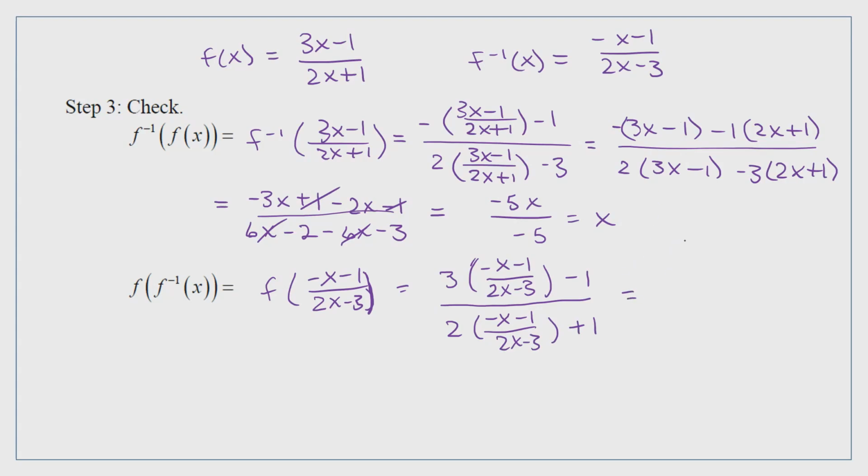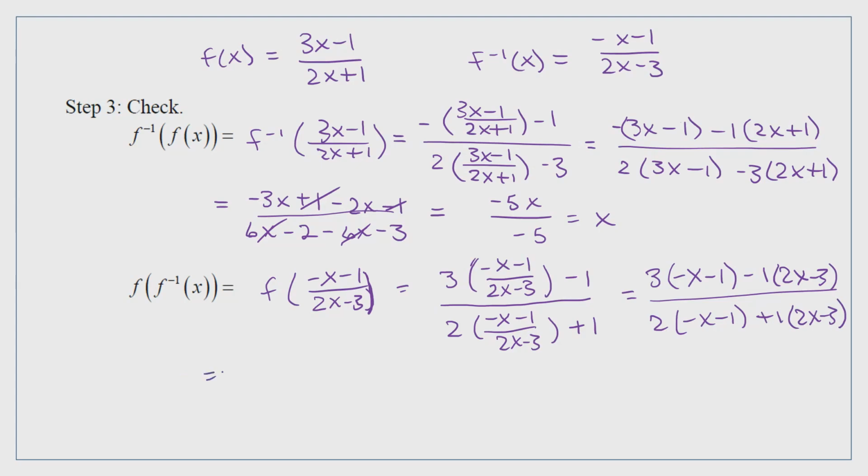So I'll multiply my constants, negative 1 and plus 1, by 2x minus 3. So 3 times negative x minus 1 times 2x minus 3 divided by 2 times negative x minus 1 plus 1 times 2x minus 3.